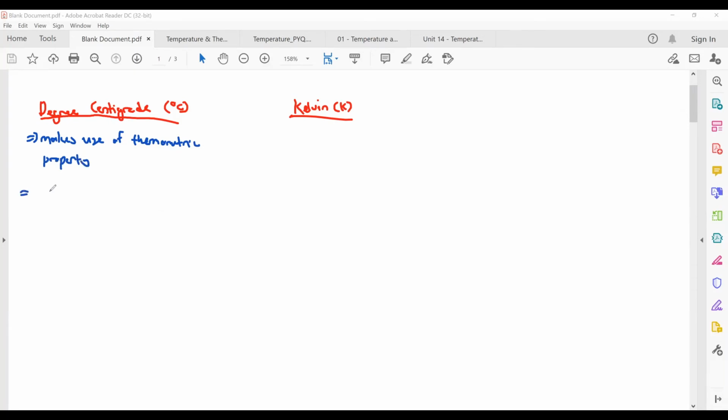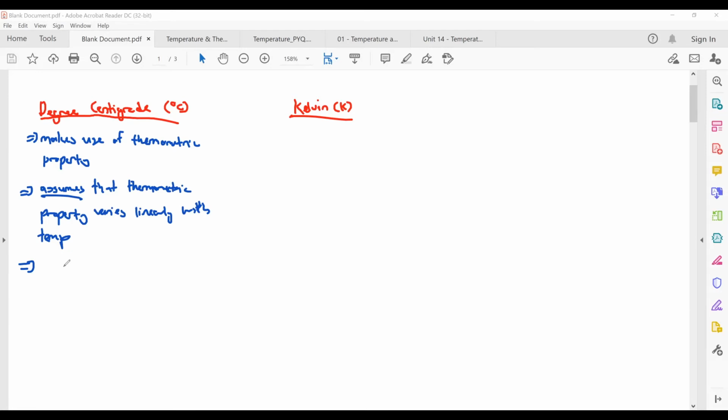And then the second thing we say is that it assumes that thermometric property varies linearly with temperature. Okay, these are the two main things that you need to know. Degree centigrade makes use of thermometric property, and it assumes that thermometric property varies linearly with temperature, which you already know is not true.